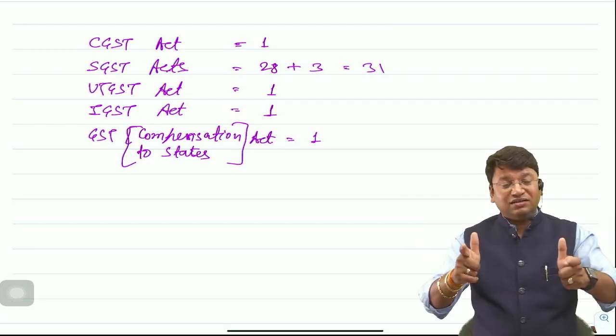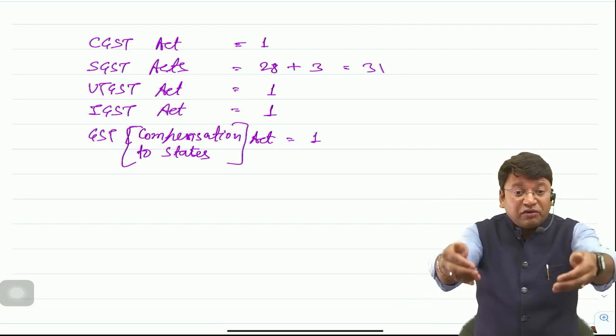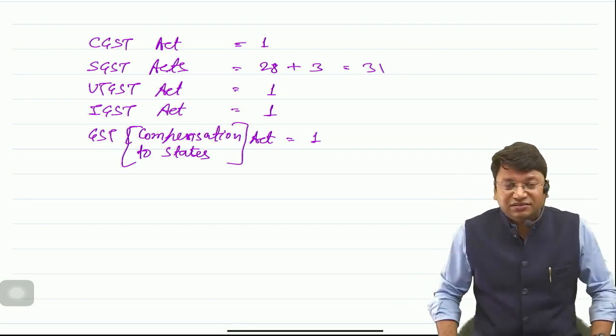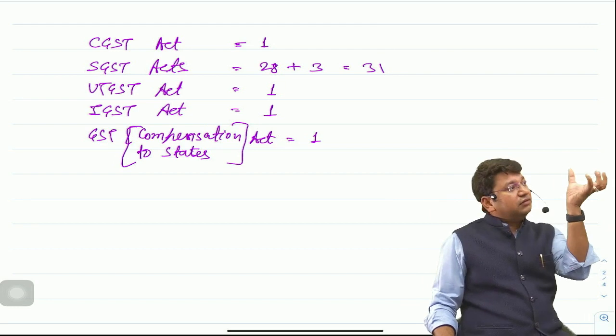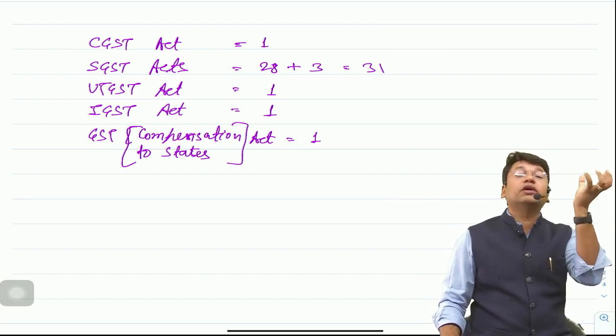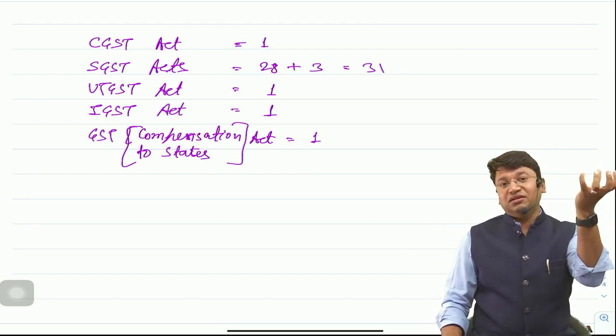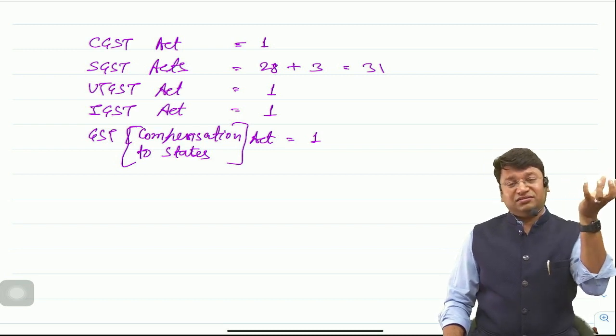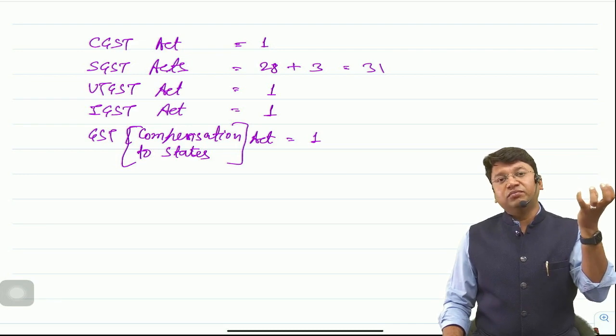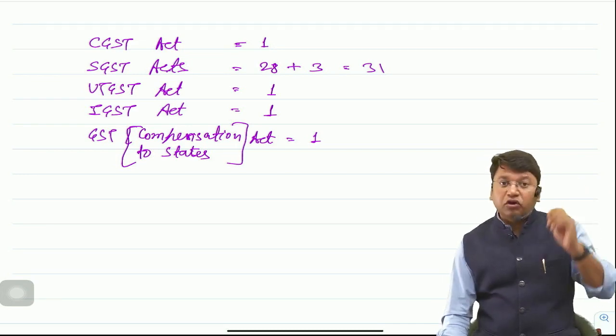And whatever GST compensation cess government will be collecting out of those sales, this is the separate fund which will be used to compensate the loss incurred by those states which lose their revenue due to introduction of GST, and government framed separate act.